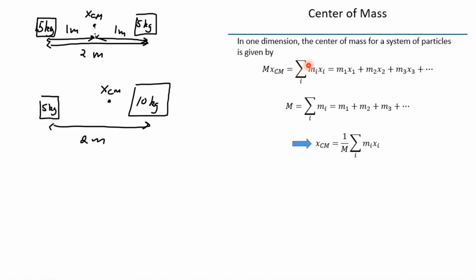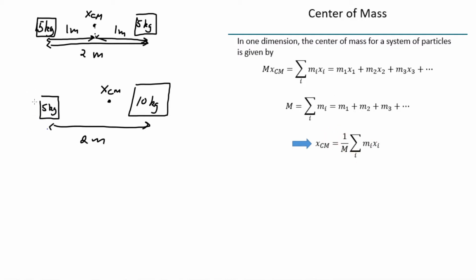So this sum looks like m1 x1 plus m2 x2 plus m3 x3, and so on. Remember, big M is just the total mass of the system, the sum over i of all the m_i, which is m1 plus m2 plus m3, and so on. So the position of the center of mass is 1 over the whole mass of the system times the sum of all the m_i x_i.